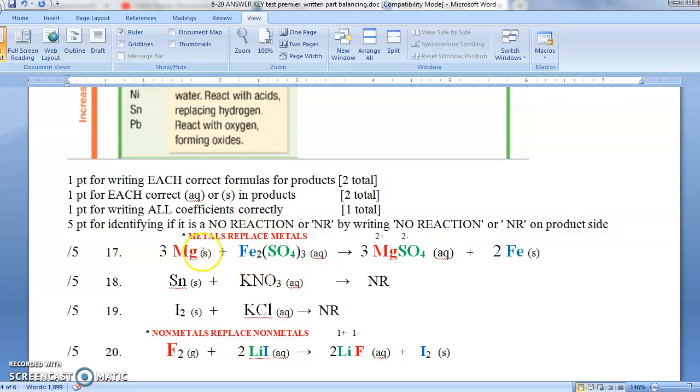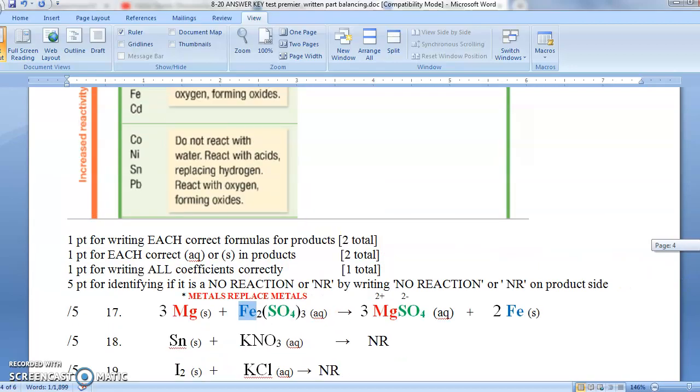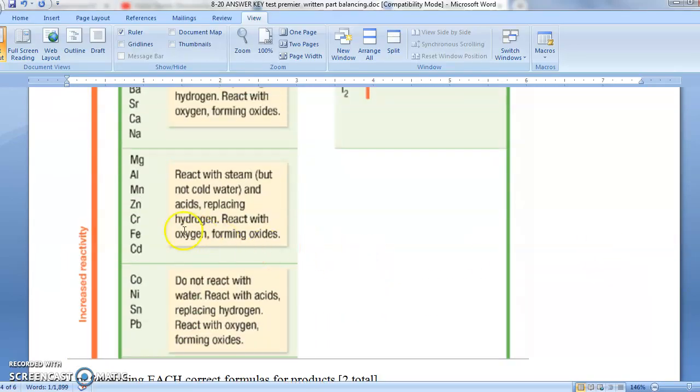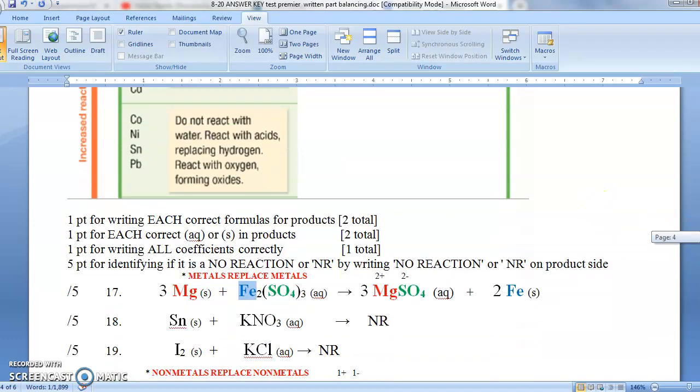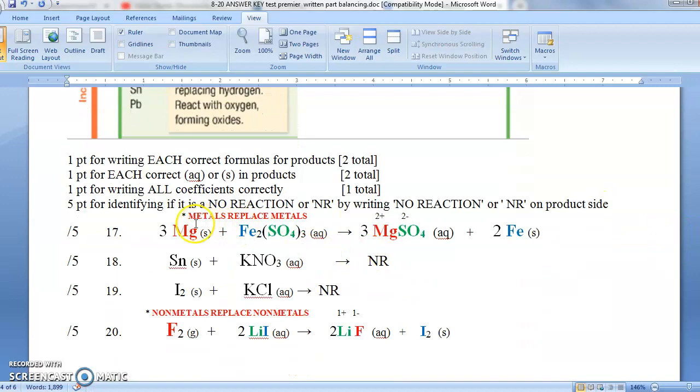So the question is, for this reaction to happen, magnesium would have to be more active than iron. So we look on our list. Here's iron, here's magnesium. Magnesium is above it, so magnesium's more active. That means the magnesium will be able to force electrons onto the iron and knock it out of solution.